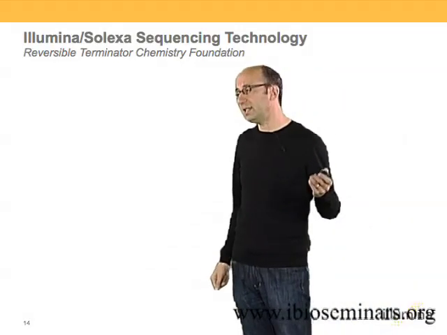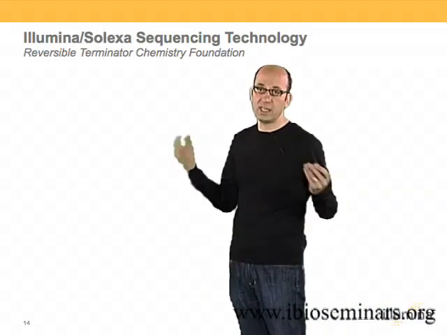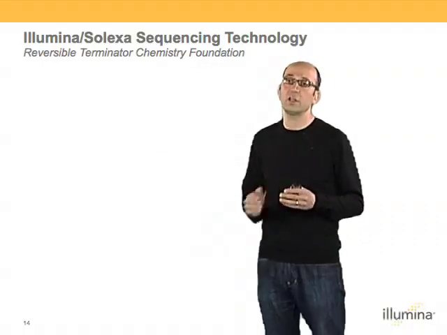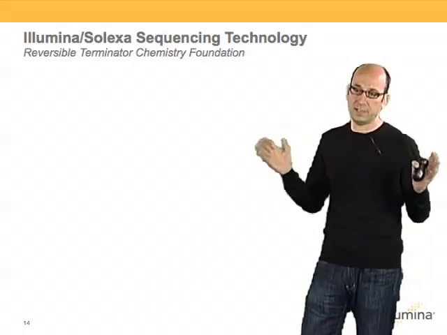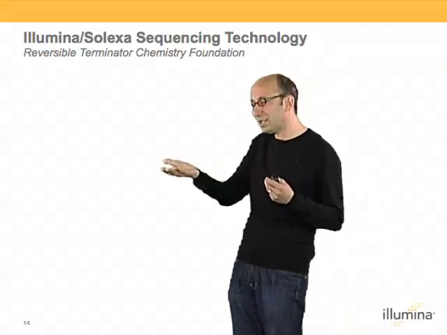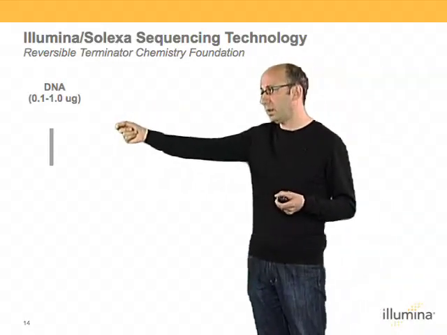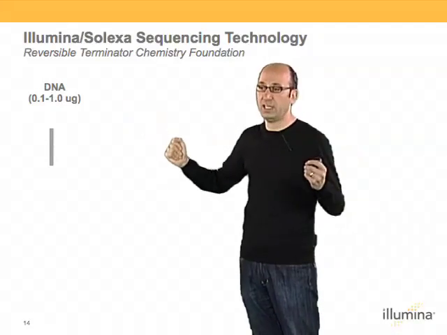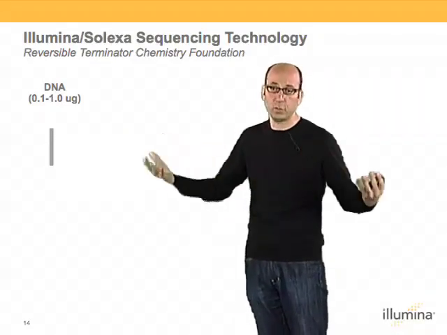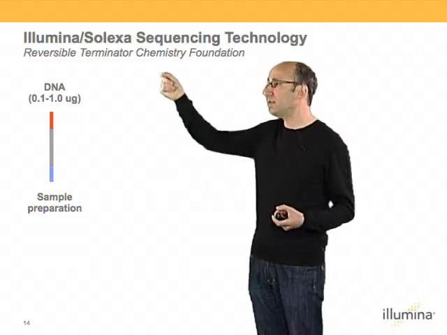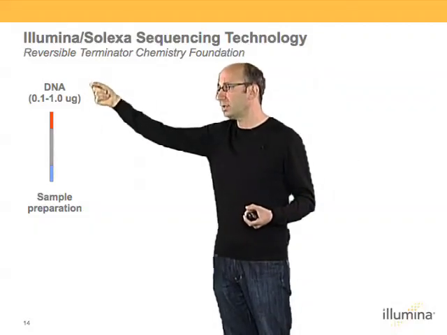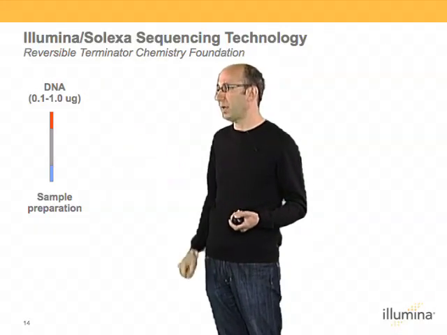And the idea of this approach was really to rethink how sequencing occurred so that there'd be no separation based on size, but instead sequencing on a slide. The approach worked by starting with a piece of DNA that we want to sequence. Actually, you'd start with a very rich pool of DNA. And at the ends of this DNA, you'd put common primers, a 5' primer and a 3' primer.